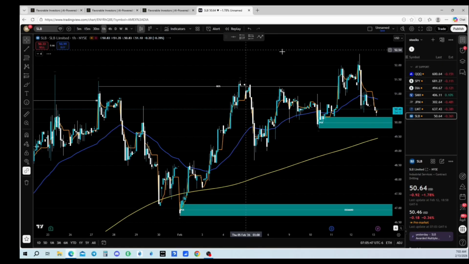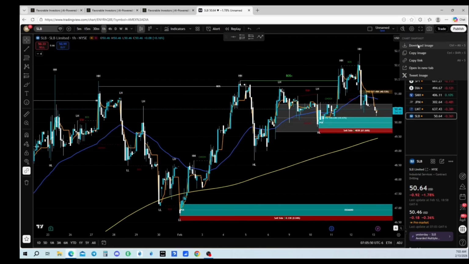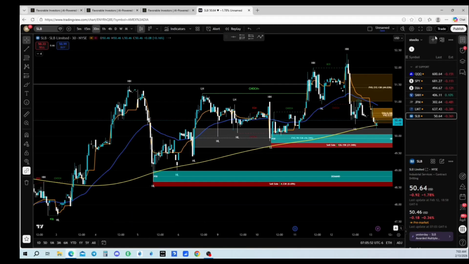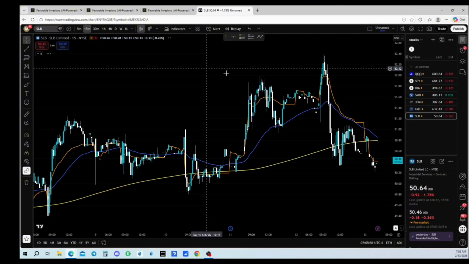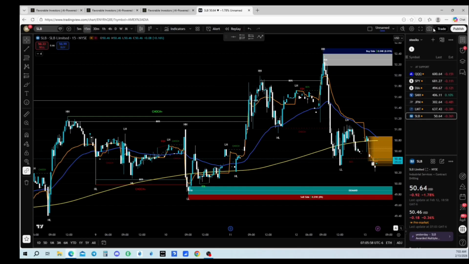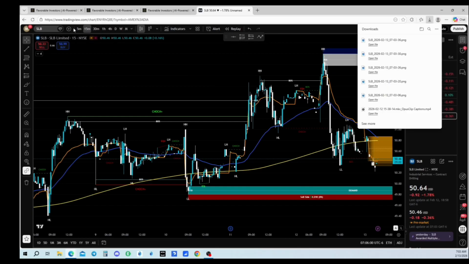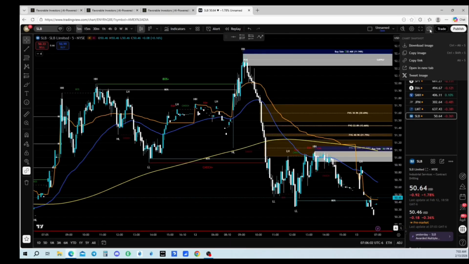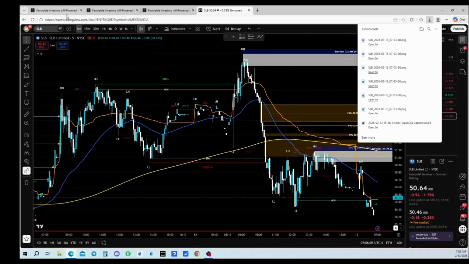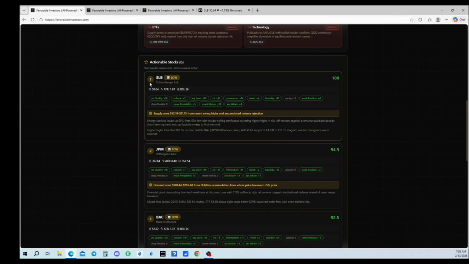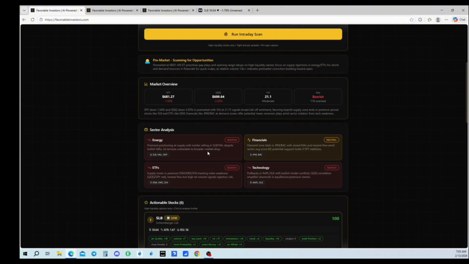Now, what that does is when you upload this, it will scan, search, and basically dissect every single chart and every single time frame that you upload, all the way down to the 5 minute for intraday. And instead of only doing technical analysis, which is very important, we also have filters for data.